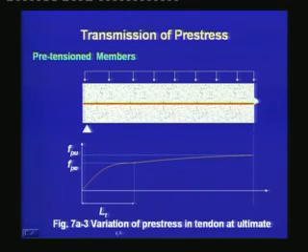Here we can see that from the end, we need to have a certain distance LT to develop the stress from 0 to FPE, and after that it has to have the minimum length to develop the stress from FPE to FPU. Now, this stress needs to be developed at the critical section where the moment is maximum.